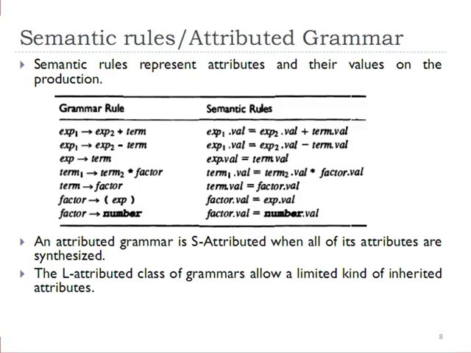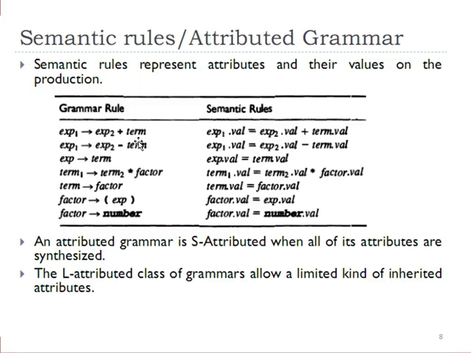So let's consider an attributed grammar. Why this grammar is considered as an attributed grammar is because each production rule of the context-free grammar is associated with semantic rule. For example, for the first production rule of the grammar, expression 1 derives expression 2 plus term.